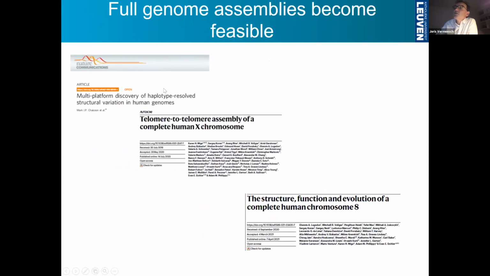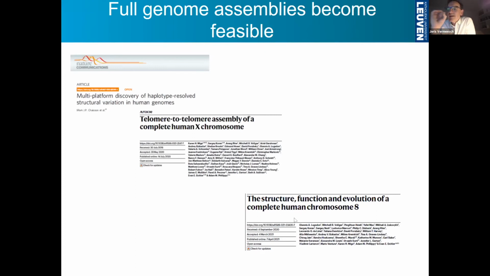And the fact that it becomes feasible, I referred already to the structural variation consortium and the telomere-to-telomere consortium, who now have a number of papers out. The first full-length human X chromosome was sequenced by the consortium, and then earlier this year the first full-length chromosome 8 was sequenced telomere to telomere. Note that this is just a single chromosome from a hydatidiform mole, which is haploid, so this is not a diploid individual.